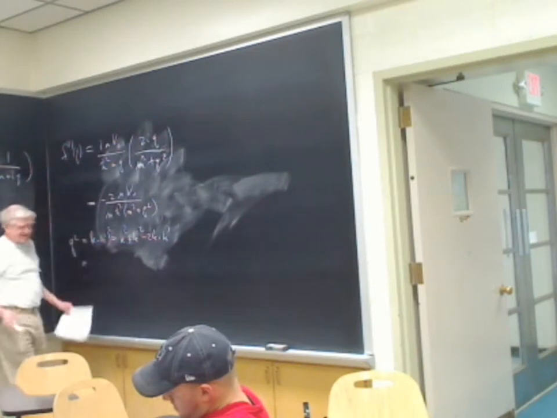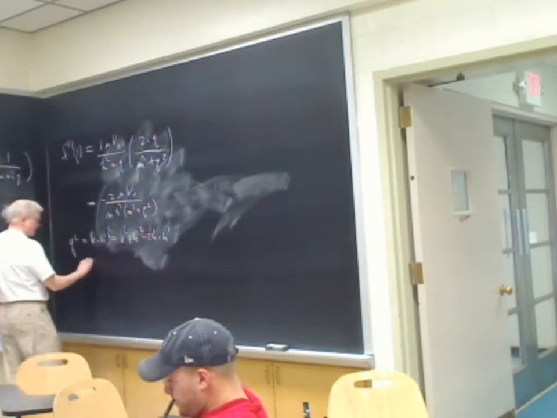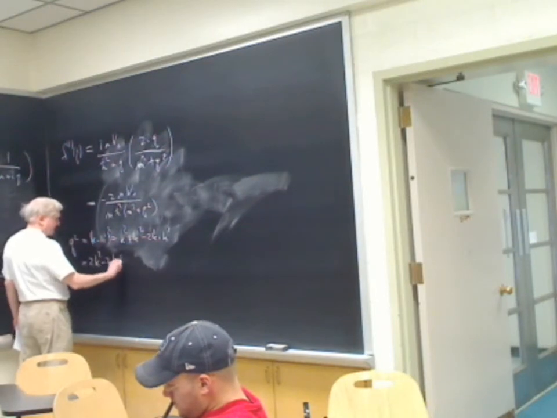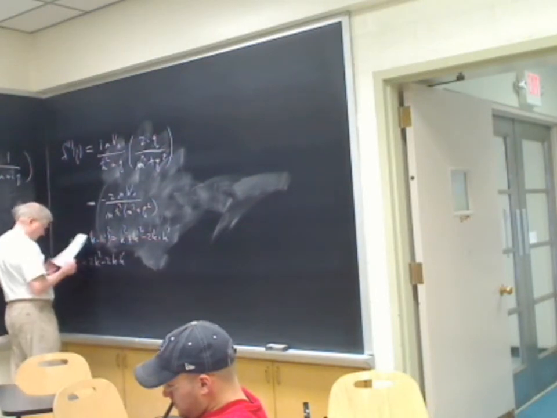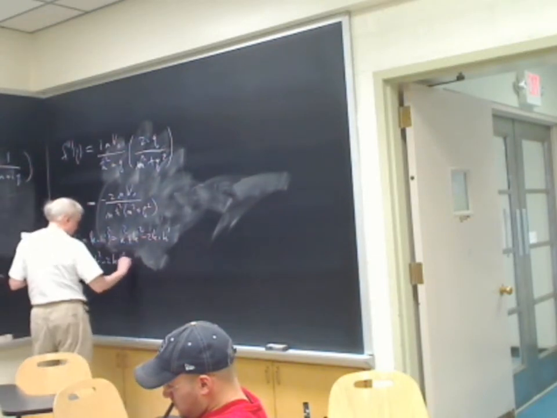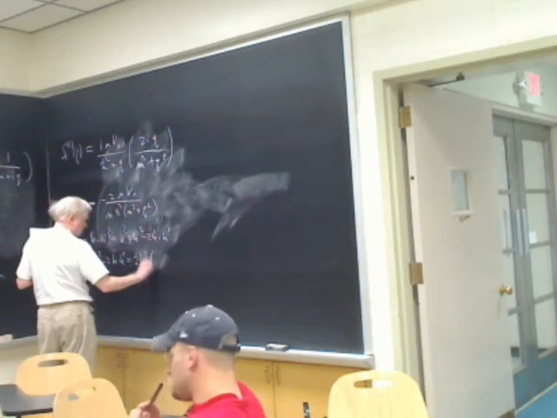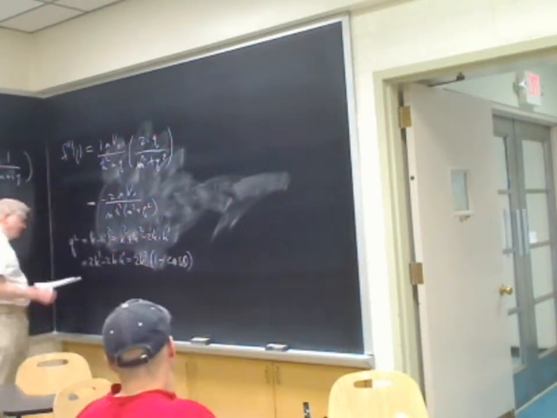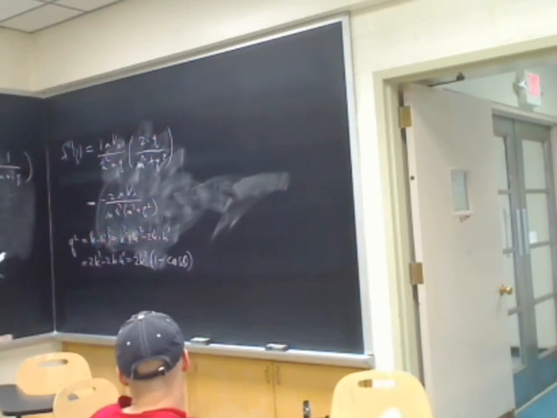But this is elastic scattering, so this is actually equal to 2k squared minus 2k dot k prime. And so this is equal to 2k squared times 1 minus cosine theta. So that's what q squared is.